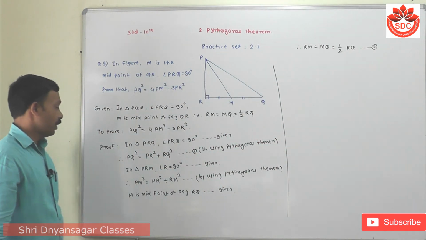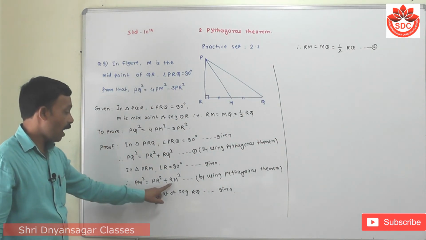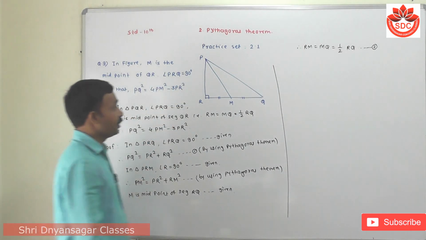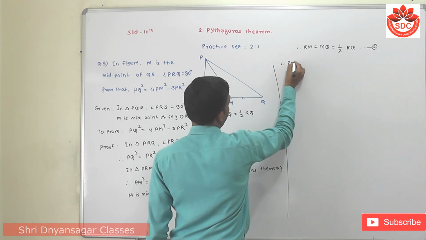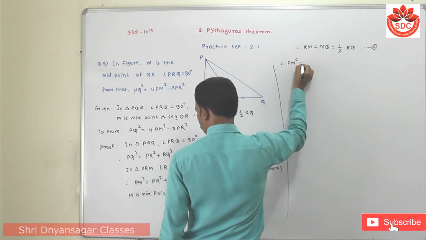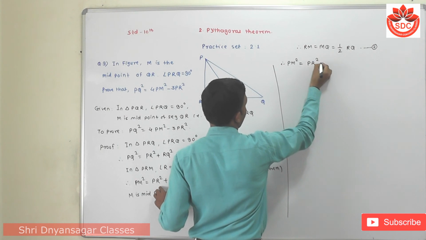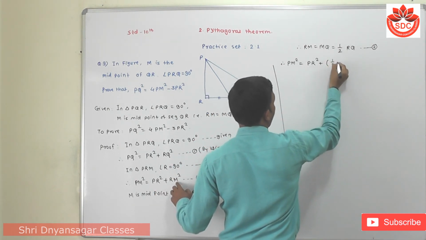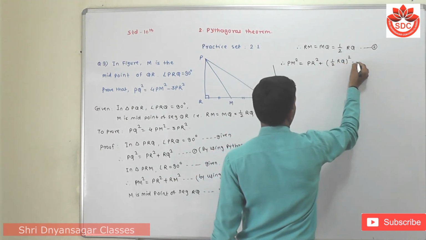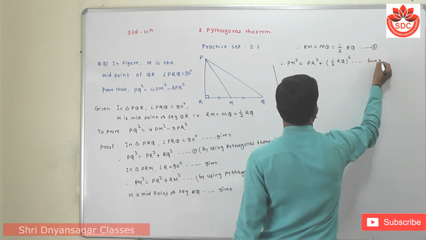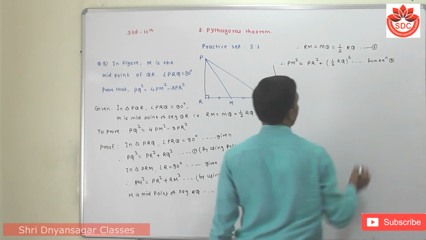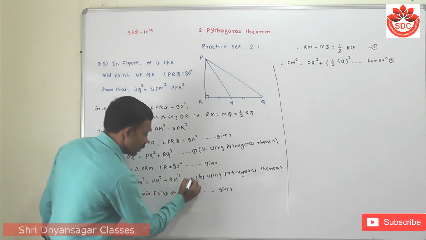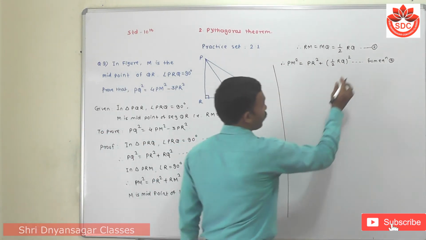Now we put the value of RM as half of RQ here. Substituting this value, I will write again PM square is equal to PR square plus, for this value of RM, I will substitute half of RQ square from equation second. Okay, then students, this is equation number second and this is third.